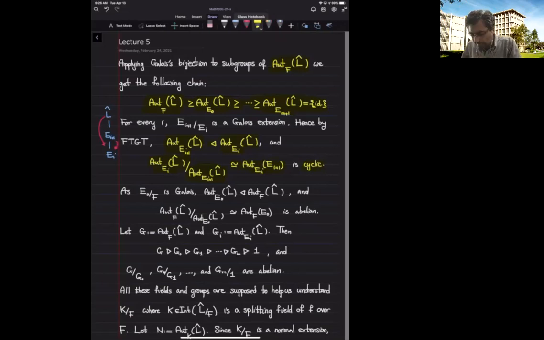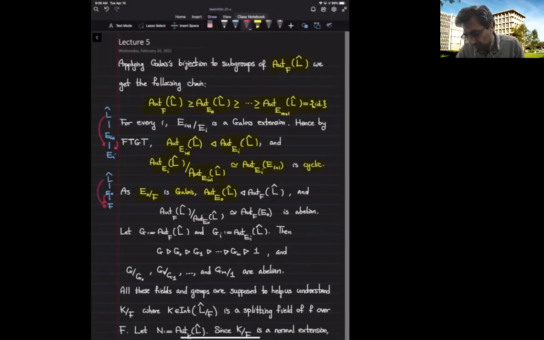How about the first one? Again, because E sub 0 over F is a Galois extension, by a similar argument we get that the E sub 0 automorphisms. Here I'm looking at this tower this time: I have F, E sub 0, and L hat. This part is Galois, and this part is Galois.